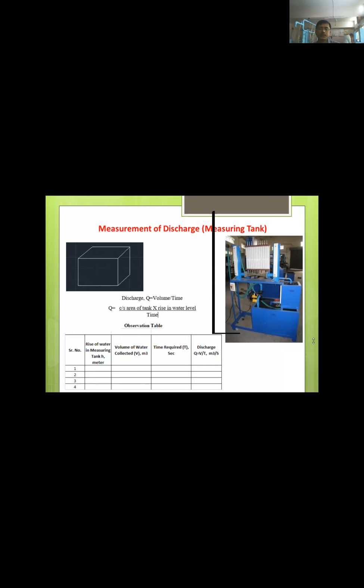Everyone has to note down the readings, do the calculation part. Is it over?